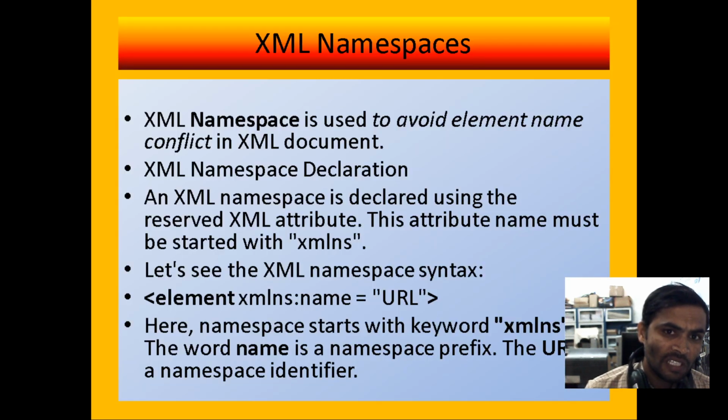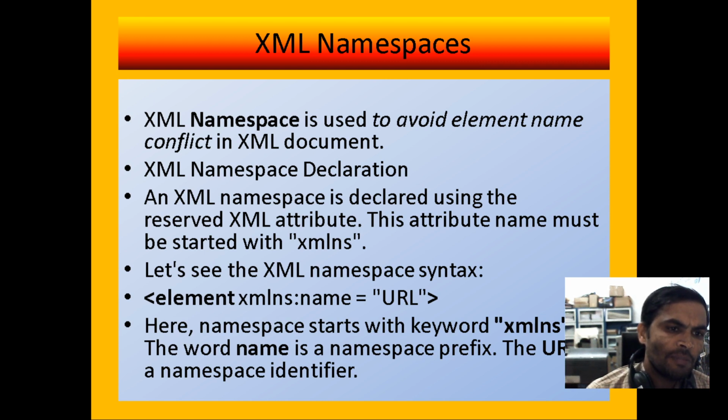Next we are going for what is a namespace. 2 marks, very important. Namespace is used to avoid element name conflicts in an XML document. For the purpose of eliminating conflicts, they implemented the namespace.